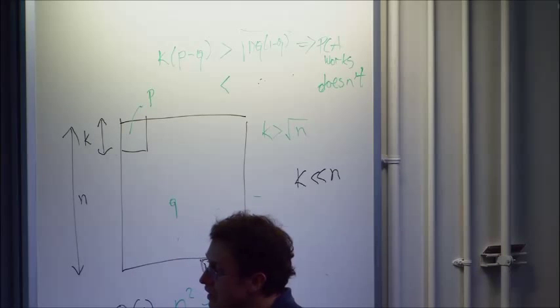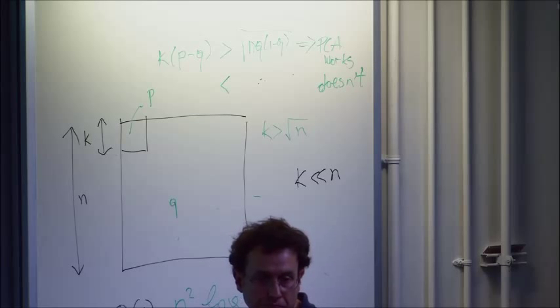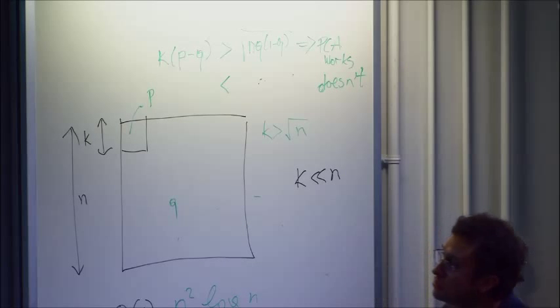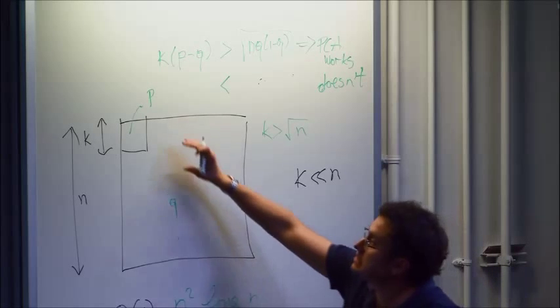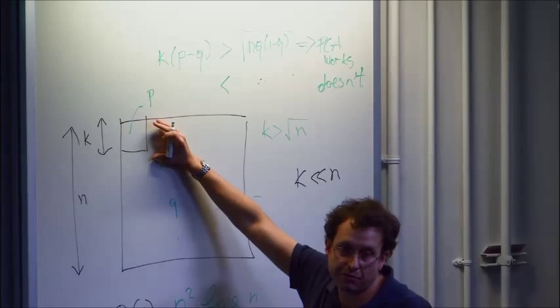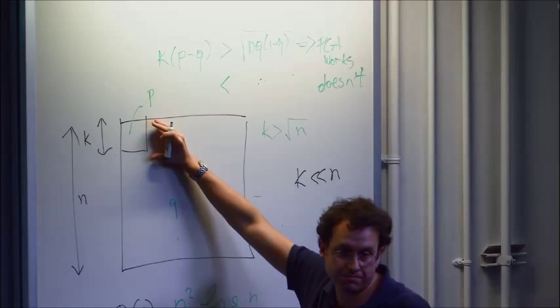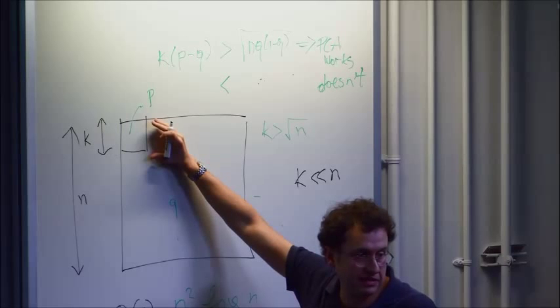And why can there be hope? Why should there be hope? Well, one reason is that it's the principal eigenvector of a matrix, but it's a principal eigenvector with a very special structure. First of all, it's non-negative, and second, it's very sparse.